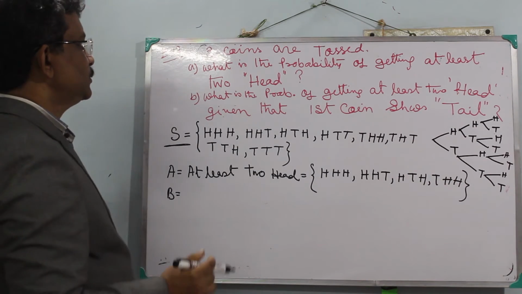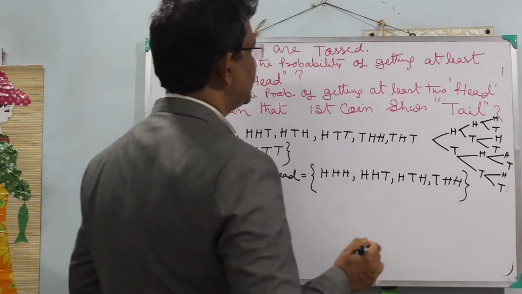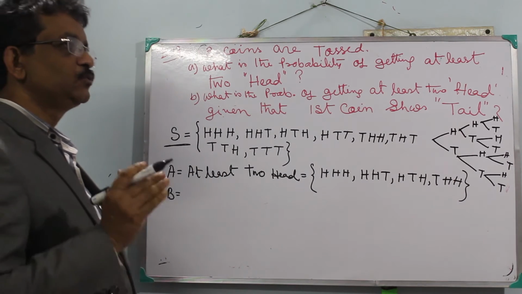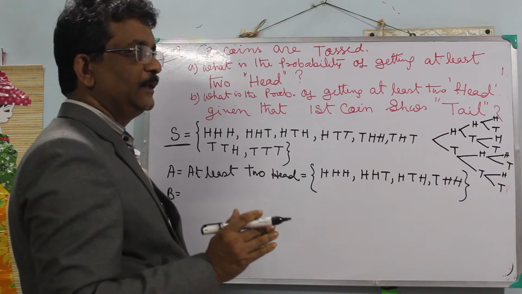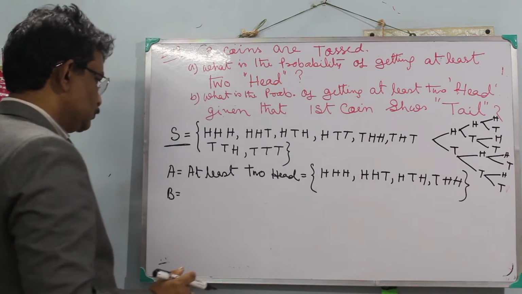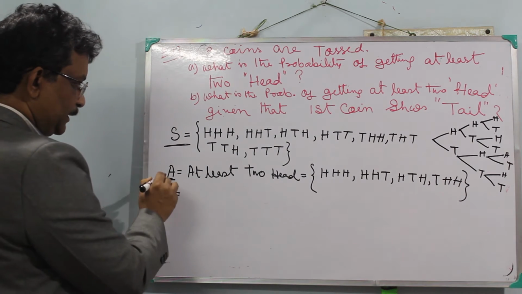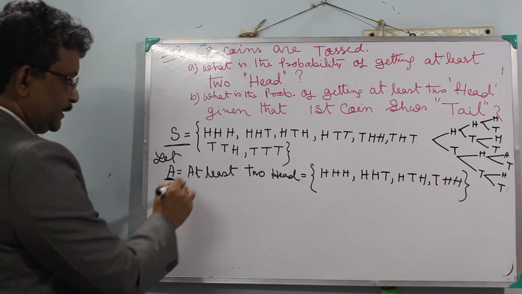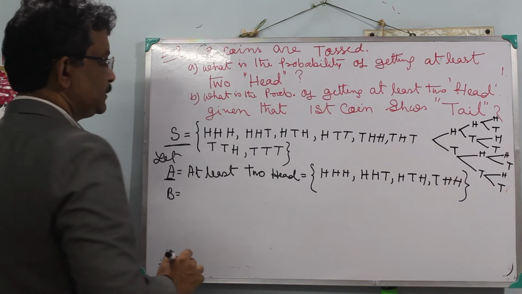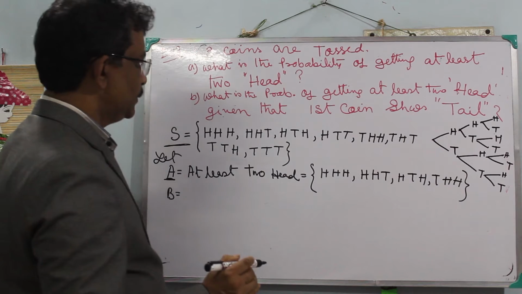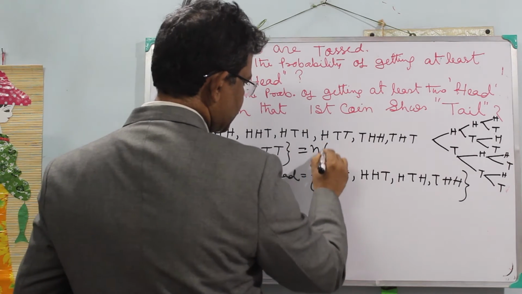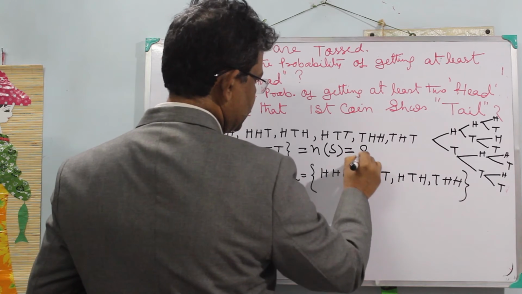So 3 coins are tossed. What is the probability of getting at least 2 heads? We are interested in at least 2 heads. The number of heads must be either 2 or 3. So let A be the event at least 2 heads. Now what is the sample space? There are 8 outcomes I have listed. So number of outcomes of S is 8.